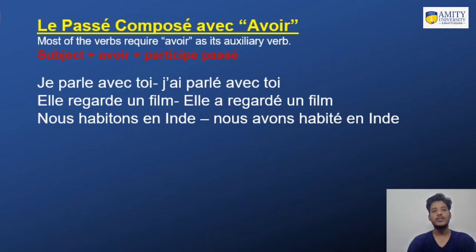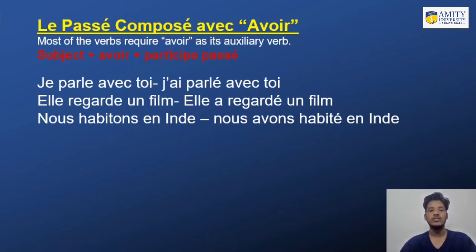You know the formula: subject plus avoir plus participe passé. So what is the subject? Je. Then avoir, a. So j'ai. Then participe passé of the verb. What is the action? Parler, to talk. We have to make the parler verb into participe passé. So j'ai parlé avec toi.